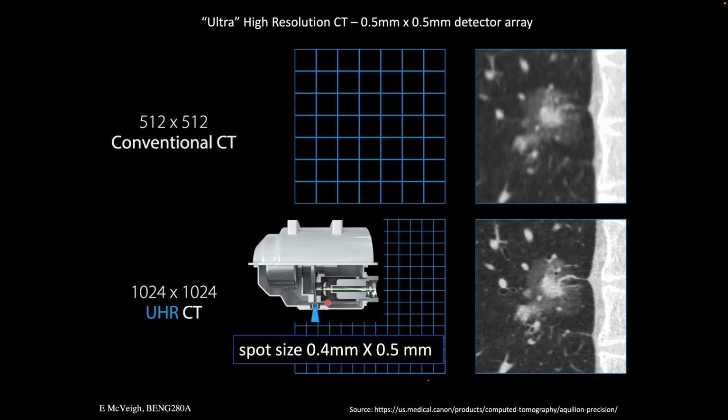So you have to make a new tube, and that tube has to have a spot on the order of this size. That's a quarter of the area, and we're trying to get the same number of X-rays out of it. So that has to be a very special tube that can survive that kind of bombardment. But they got that done.